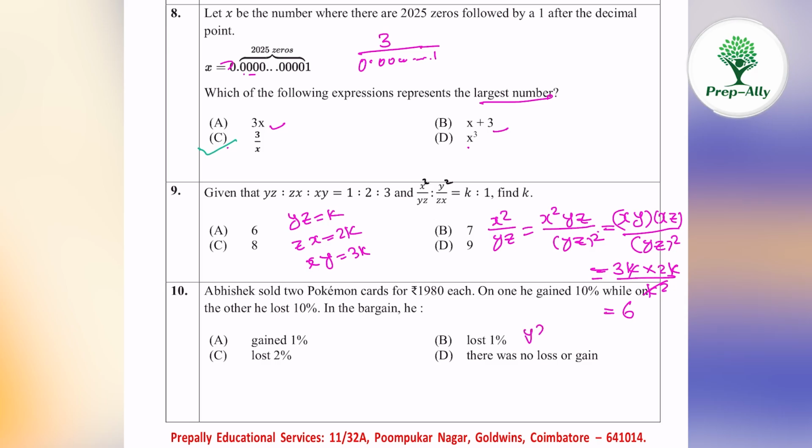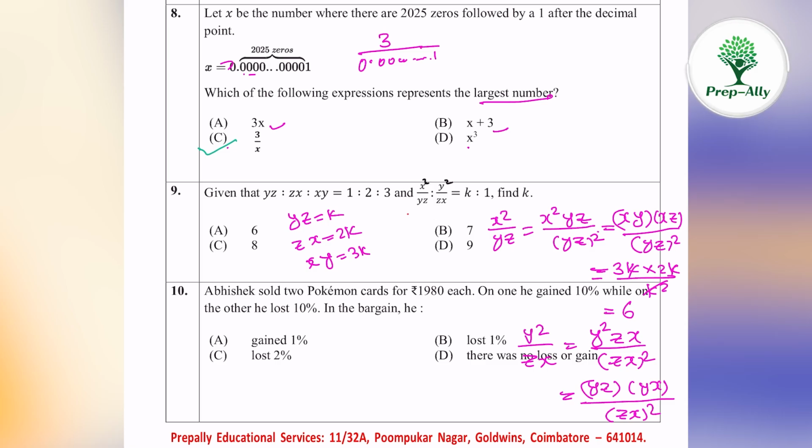Similarly for y square upon zx, with the same technique, y square into zx upon zx whole square. So this is yz into yx divided by zx whole square. The yz value is k, yx value is 3k, zx is 2k square which is 4k square, so again this value is 3 by 4.